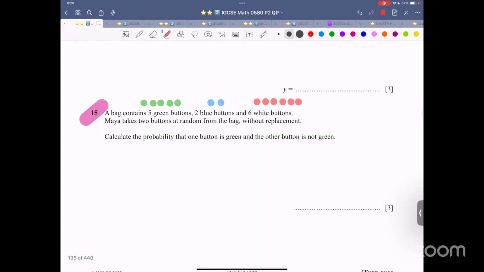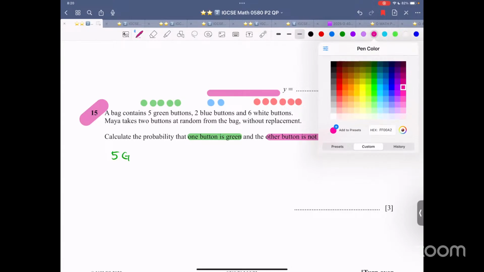Now it says Maya takes 2 buttons at random from the bag without replacement. Calculate the probability one button is green and the other is not green. So let me add these 2 colors, and this is the new color that I'm getting. Not green is this thing. So let me write over here. There are 5 green, and let me write over here in this color.